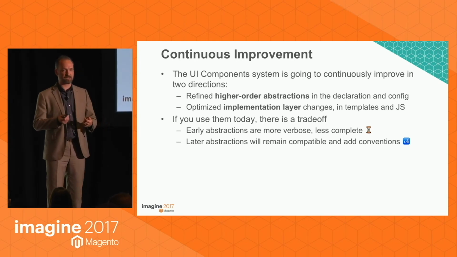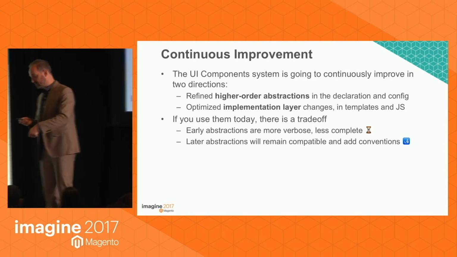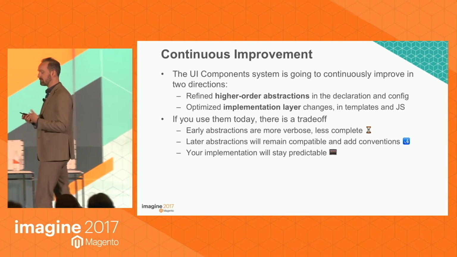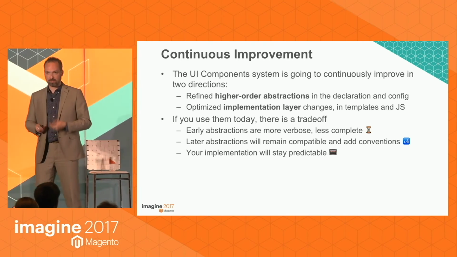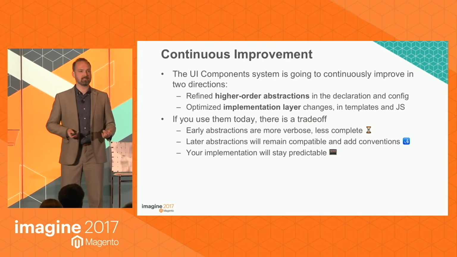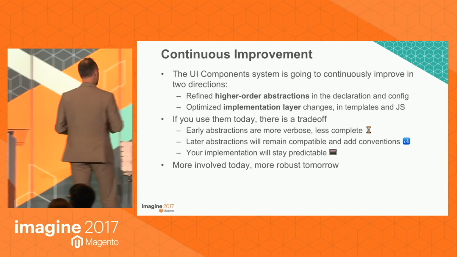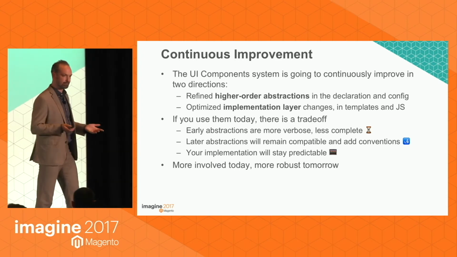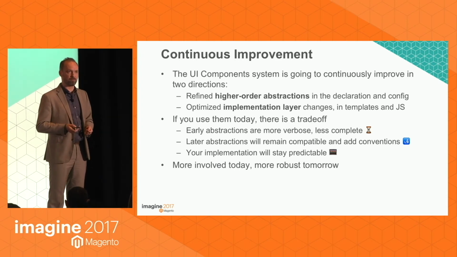It's going to add conventions like that, but the thing that you have implemented is going to continue to be valid at the lower level XSD. So your implementation is going to stay quite predictable. Perhaps it will just become advanced as the standard changes. So it's more involved maybe to do the more robust XML today, and it'll remain more robust tomorrow.